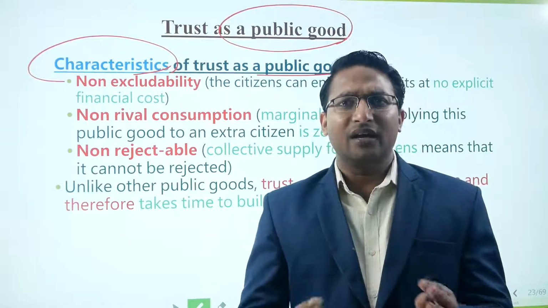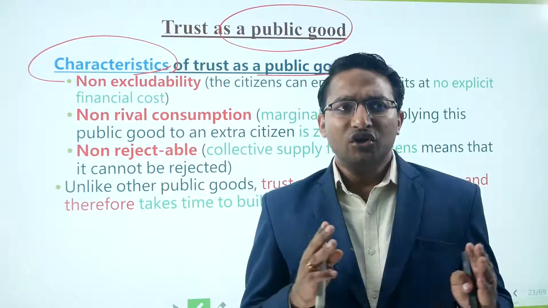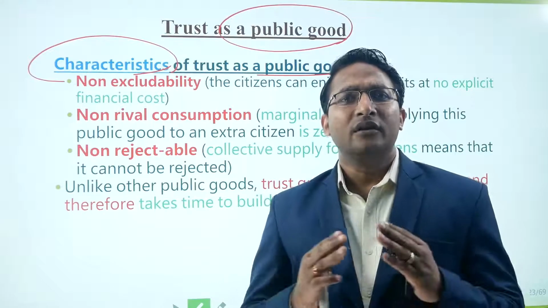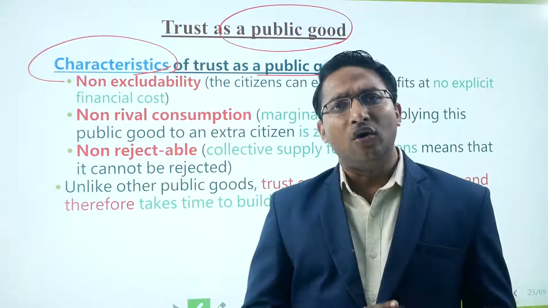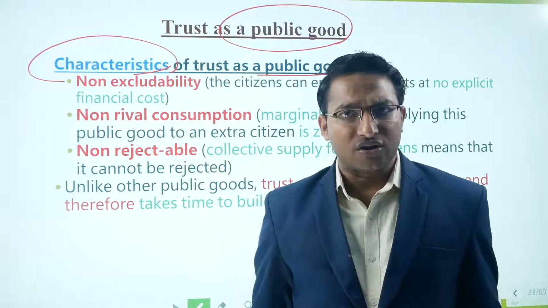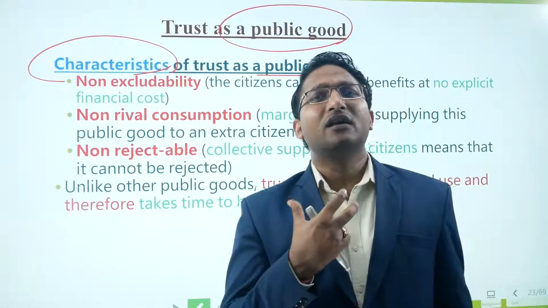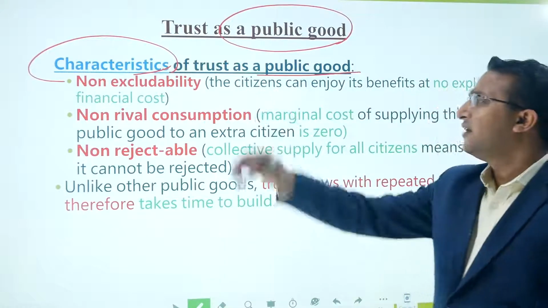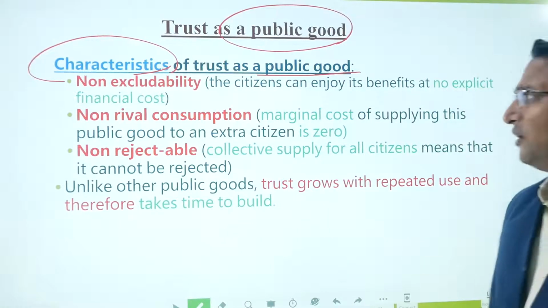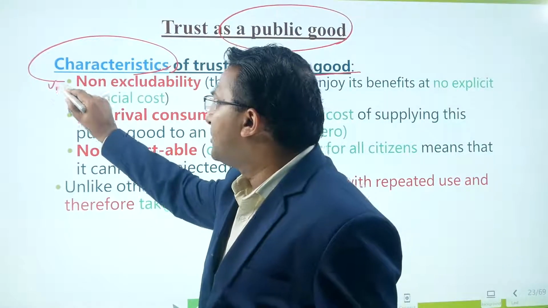Any new businessman, old businessman, young person, old person, male, female, every person can get the loan without any extra cost, because the trust exists in the society as a public good. So this is non-excludability, right? So this is the first characteristic.